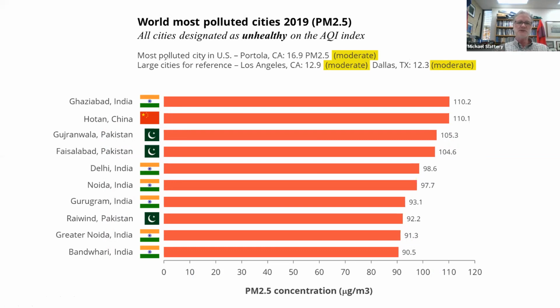The most polluted city, not for ozone, this is just particulate matter, is Portola, California at 17 micrograms, right? LA is 12.5. Dallas is 12.3. We do have particulate matter in and around here, but look at the 10 most polluted cities in the world. Okay? US cities don't even come close. And not only that, 9 of the 10 are either in India and Pakistan.